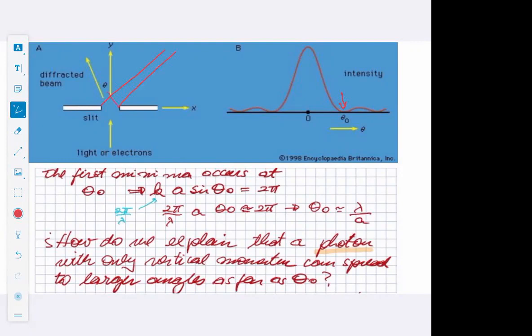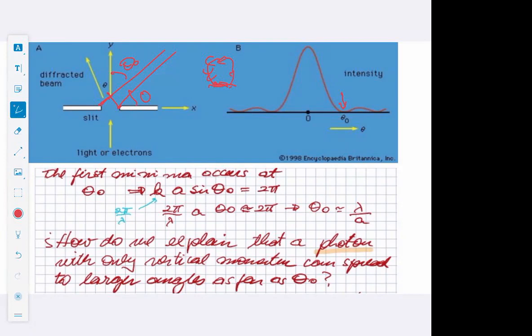If this is at theta 0, the difference in path between this one and this one should be equal to 2 pi in order for these two to arrive at this point, producing a completely closed loop, okay? So remember we did this and we got this circle of things. When the contribution from this side and the contribution from that side are in phase, in the case of diffraction, what you get is a minimum contribution at this point, okay?